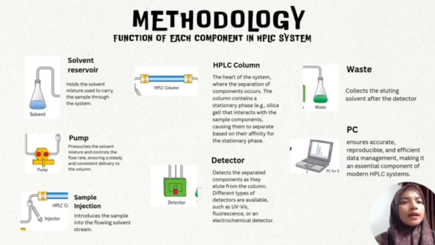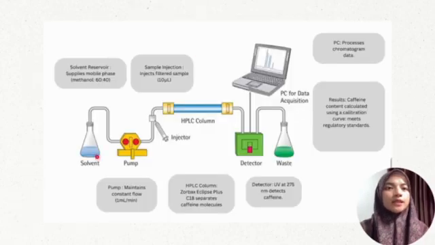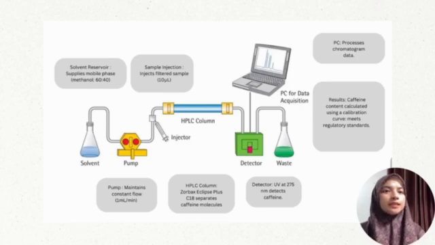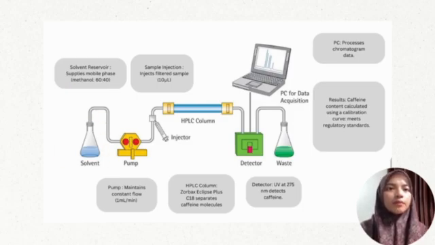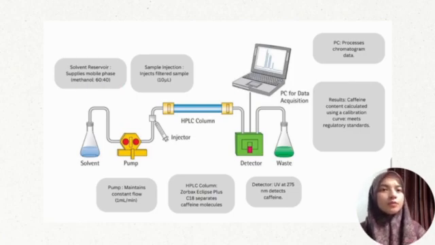So in this experiment, we use HPLC to determine the caffeine content in tea and coffee samples. The process starts with the solvent reservoir, which supplies the mobile phase, a mixture of water and methanol, 60/40. This mobile phase is pumped into the system at a constant flow rate of 1 ml/min.